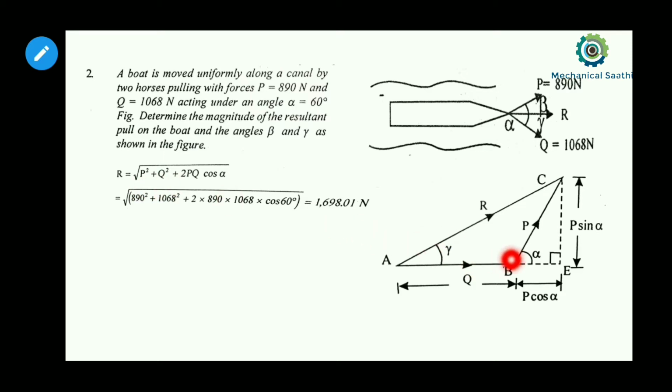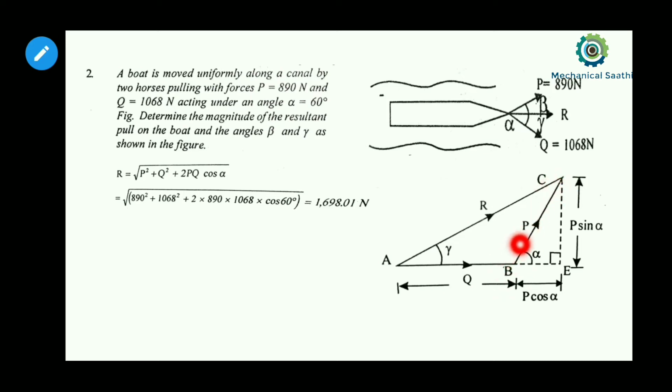This one shows Q and this shows R, and we have taken P from here to here. So we have shifted it, and we can say this is another side of the parallelogram. If we draw this as a parallelogram, then this will be the other side.